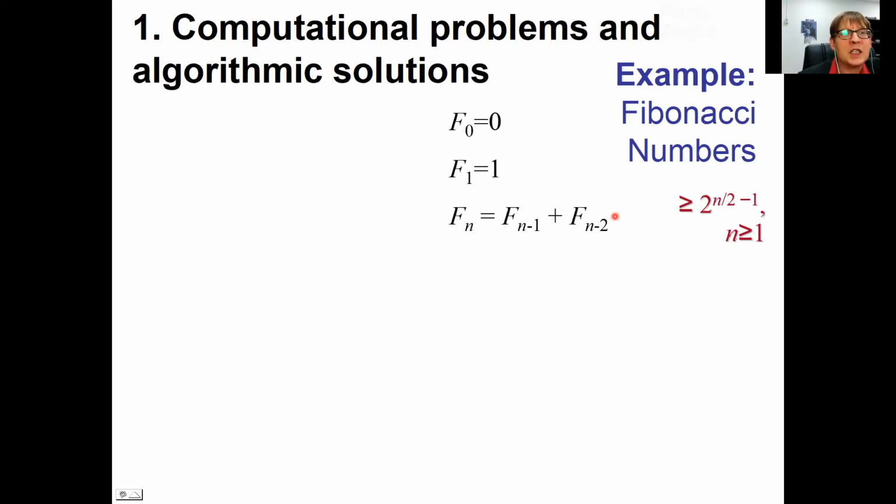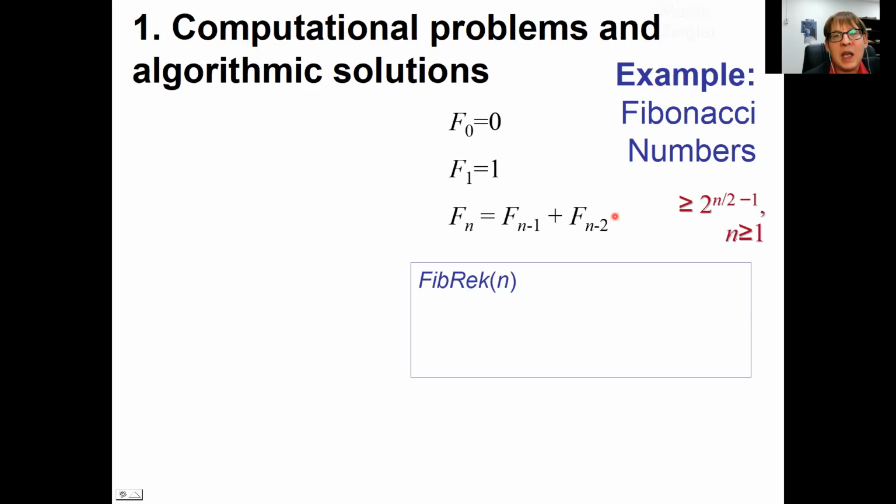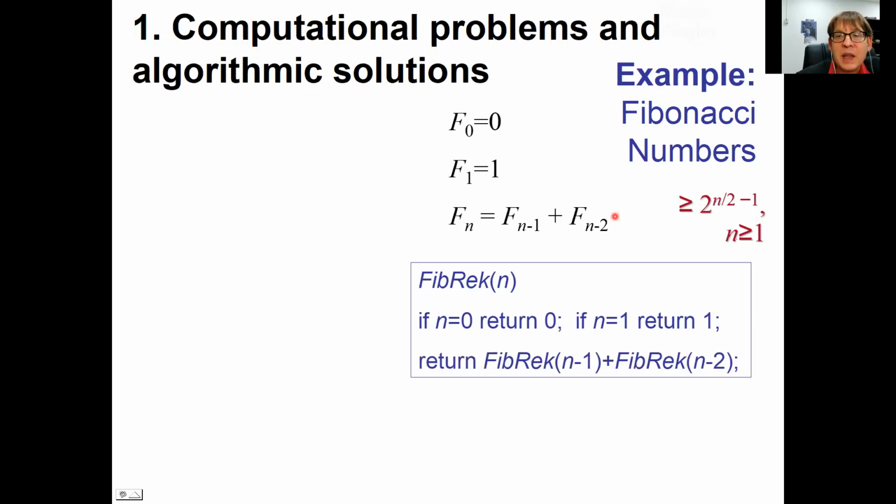But for now, let us just record that without further proof, and then proceed to our first algorithm, which is simply a recursive algorithm in pseudocode that spells out the mathematical definition as a computer program. And here we go. First, the algorithm deals with the two initial cases, 0 and 1, and then the inductive step case with the two recursive calls.